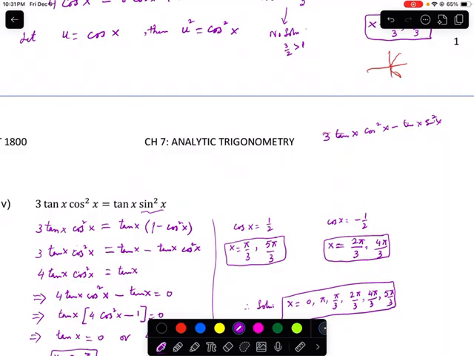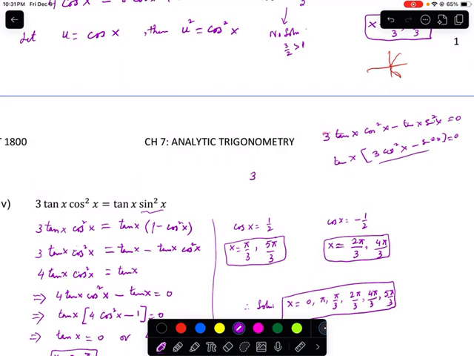So then I can factor out the tangent x. Inside I am left with 3 cosine squared x minus sine squared x equal to 0. Then I have tangent x is equal to 0, or this thing is 0.